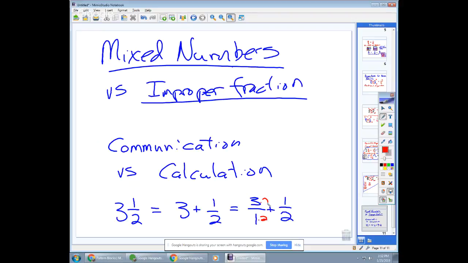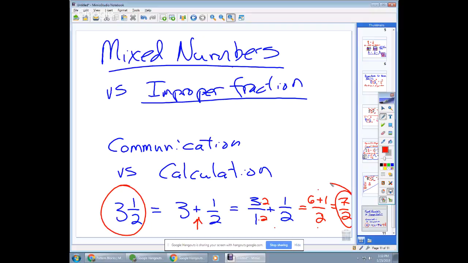So 2 times 3, so that gives me 6 plus 1, or 7/2. I'll go over a shorter way to do that. This is what mixed numbers mean. We say it as 3 1/2, which is a literal plus for the and. To add two fractions, you got to find the common denominator. You keep the denominator, you combine the numerators. So 3 1/2 is the same number as 7/2.